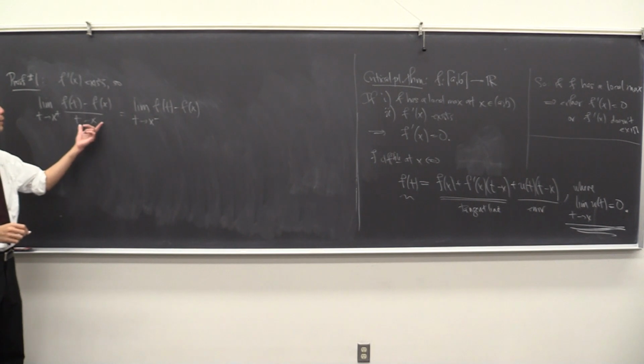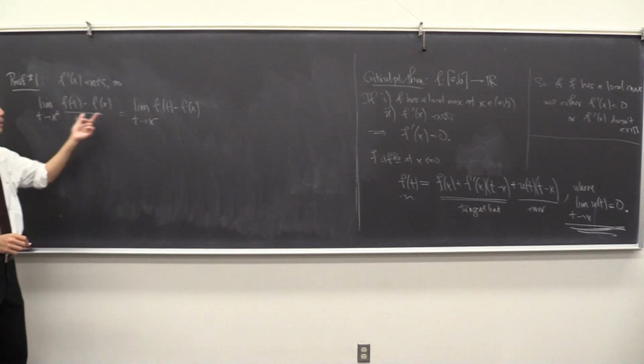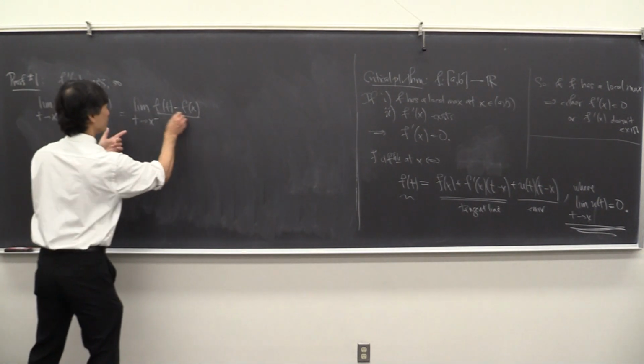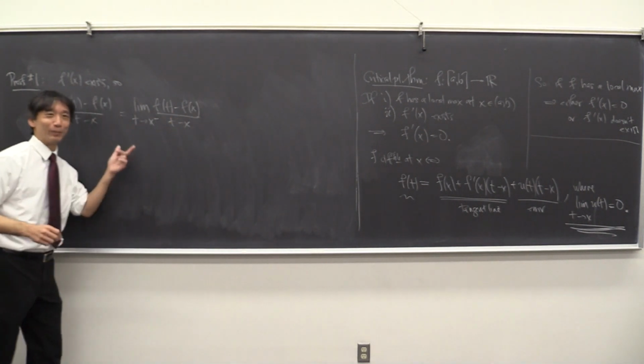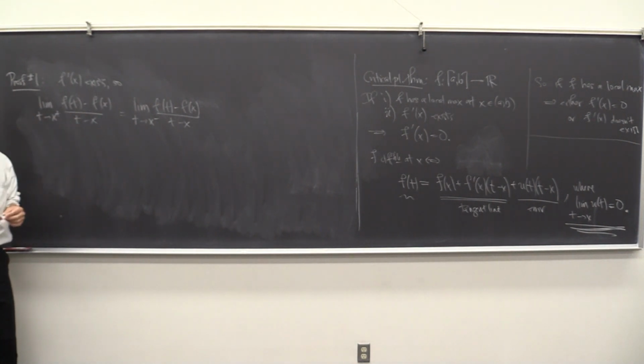Those things should be equal to each other. For this thing to exist means that the left-hand limit and the right-hand limit are the same, right?